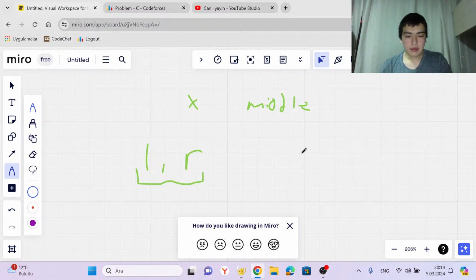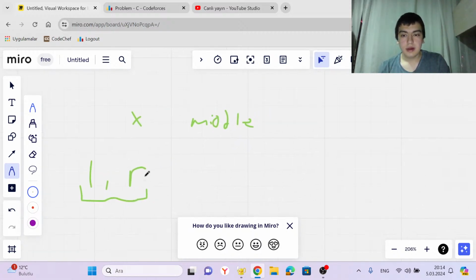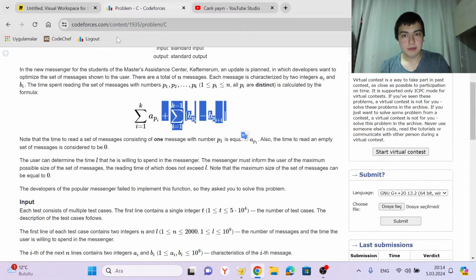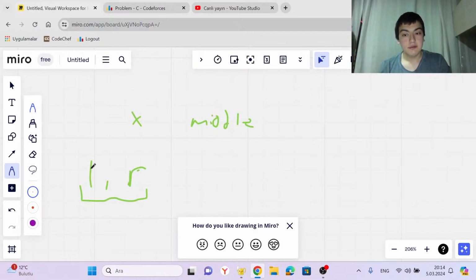So when a new element comes, what should I do? R will always be the same. So for the second part of the summation, for the interval from L to R, I will add BR minus BL.